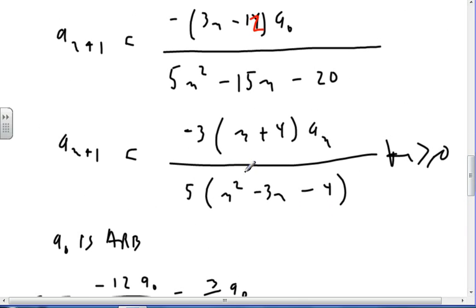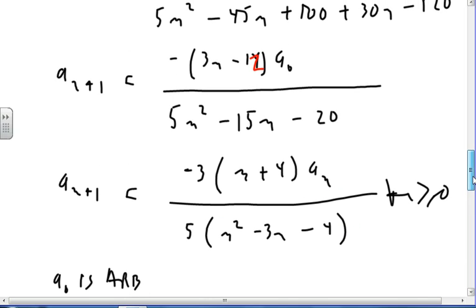Okay. When I factored out a 5, did I do that right? Yes, I did. Okay. When I factored out a 3, why is this a plus sign and not a minus sign? Anybody know?